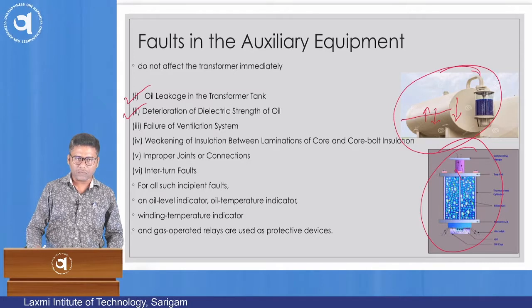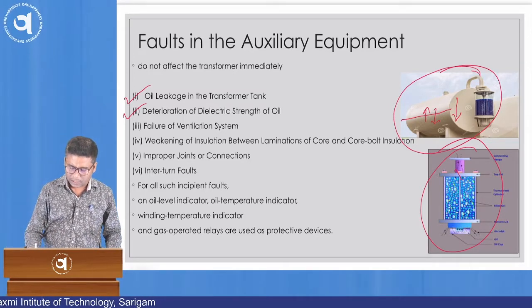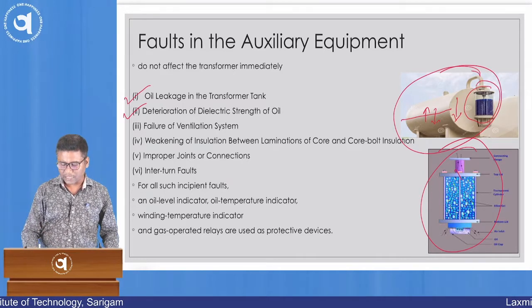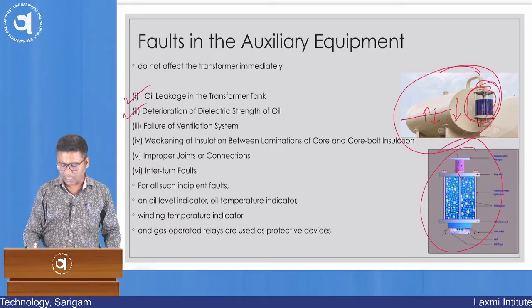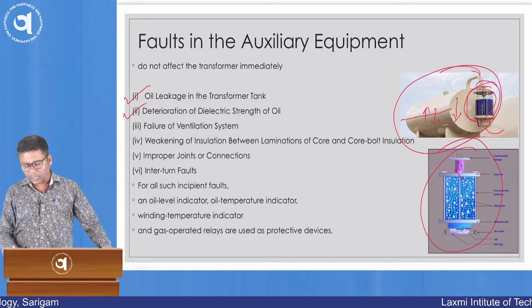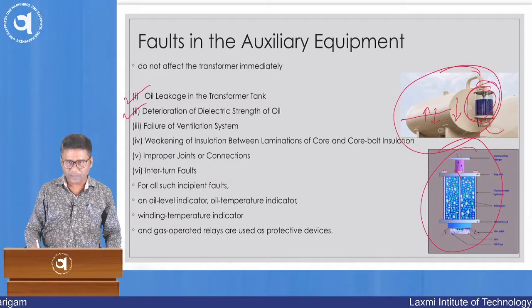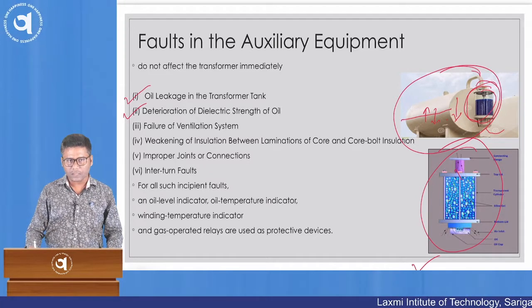Now, the breathers provided with the conservator tanks take a breath, allowing air inside the conservator tank. This breather has the construction shown in the second figure, where two things are used.